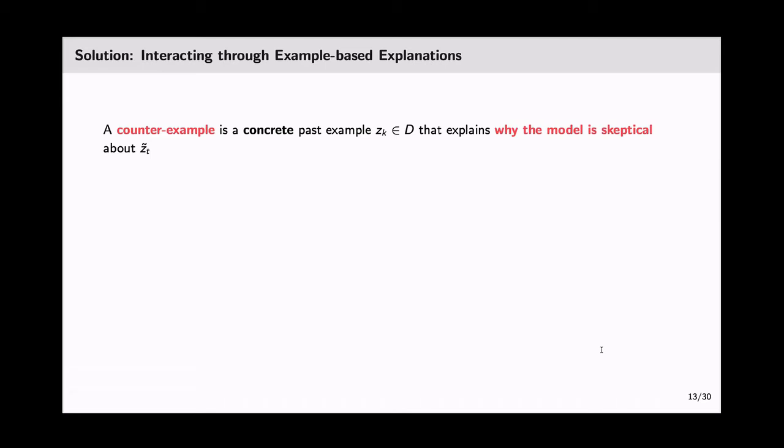It's basically a concrete past example that explains why the model is skeptical about a new incoming example. So a counterexample is a training example that we use to support the model skepticism. What happens is that we can show this counterexample to the annotator, and we can let the user fix this counterexample if it is needed.